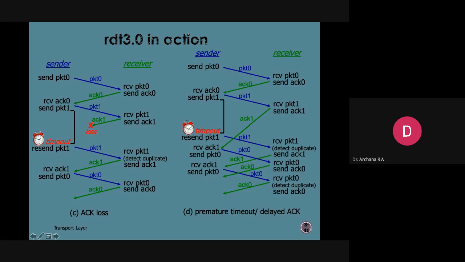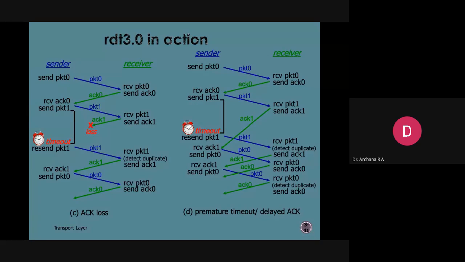You receive the acknowledgement, but not within the time you have set. Timeout is already done, so you retransmit the packet again. But at the receiver side, since the sequence number is specified for each packet and there is a duplicate of the packet already received, it just discards the packet instead of delivering it to the upper layer.